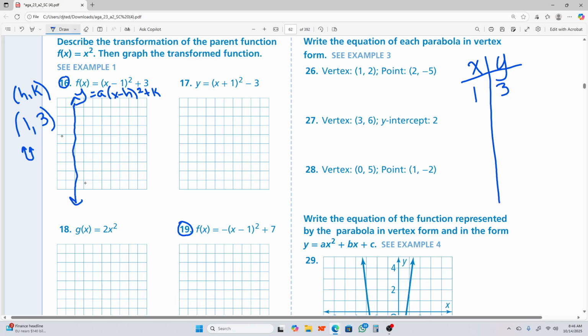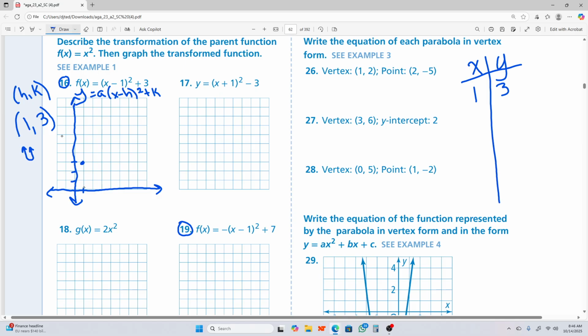Okay, that's supposed to be my y-axis, and everything's positive, positive, so my x-axis is coming down the bottom here. Okay, we've got a vertex at 1, 3. So where x is 1, y is 1, 2, 3. We've got the vertex, and we know it's going to be facing up.